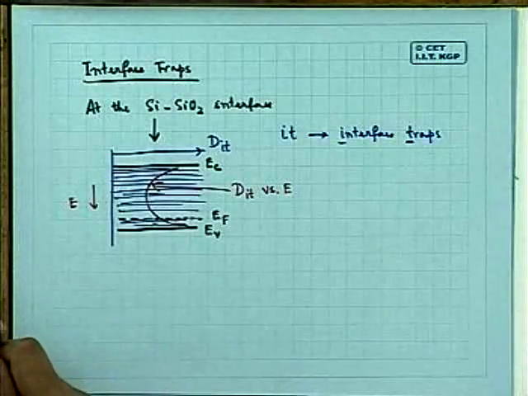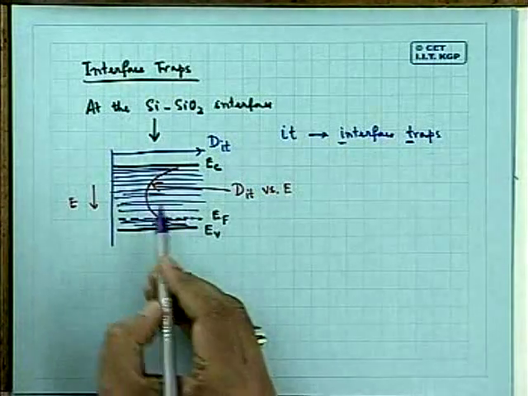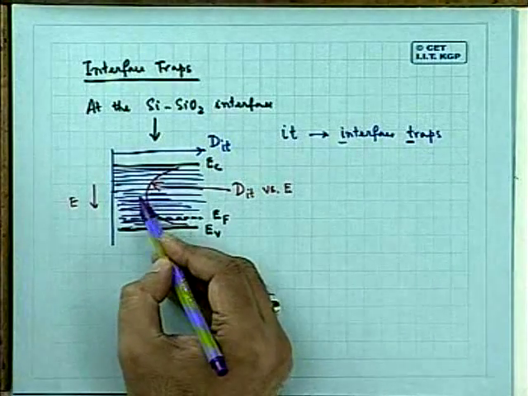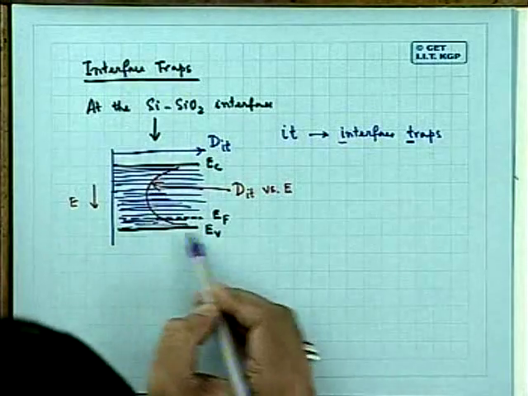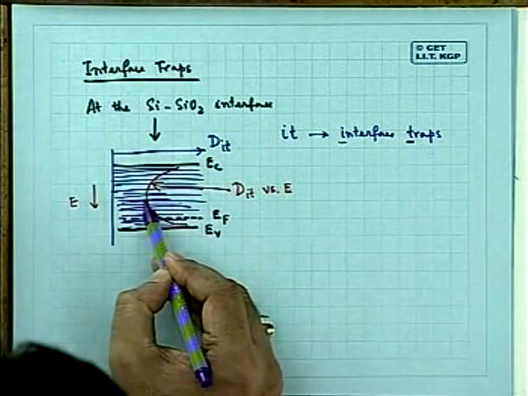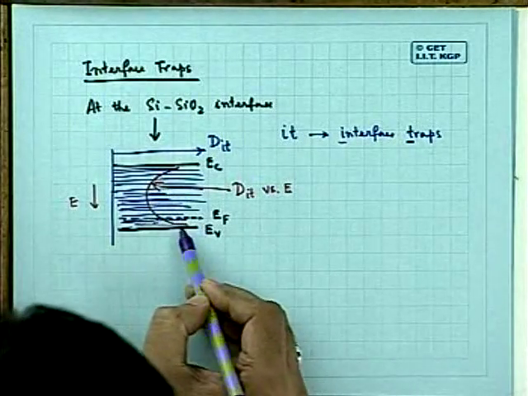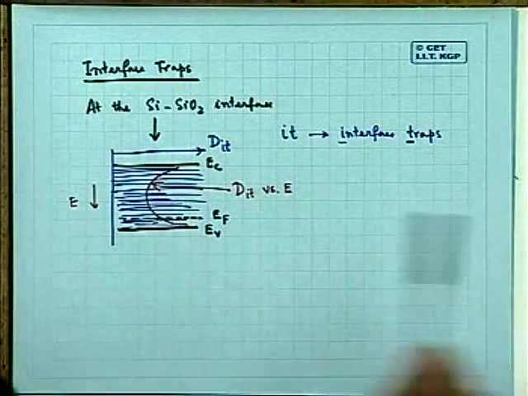Now, what is going to happen? Can you tell me? Because now there are a lot of interface states like this, as indicated here. Only the density of states is less near the center and highest near the edges. That's how I have plotted. You have seen? It is minimum near the center of the band gap and high near the edges. Now, you see that the Fermi level is located here.